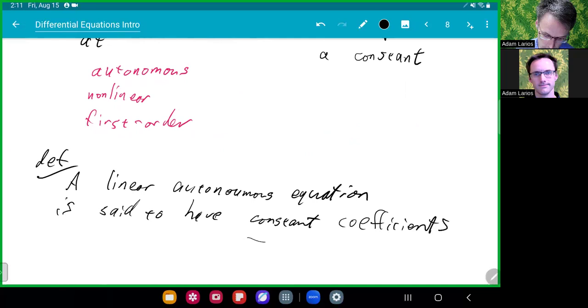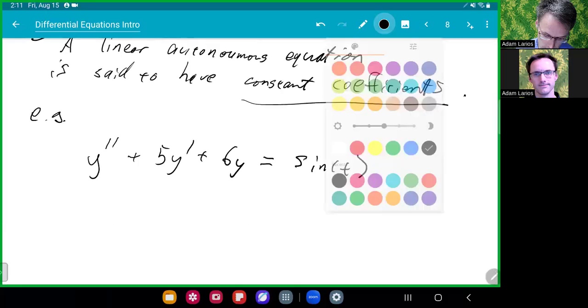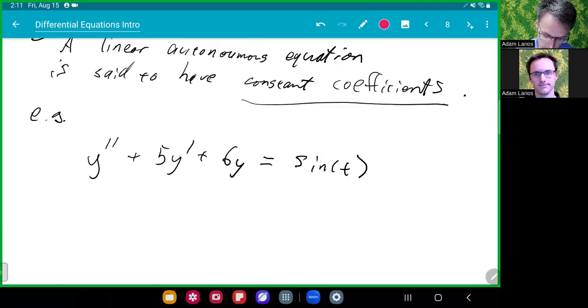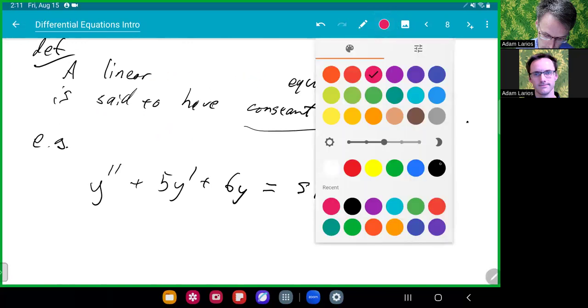So let's see an example there. If we had something like y double prime plus 5y prime plus 6y. Before we were looking at this and setting it equal to 0. Now let's put it equal to sine of t. Actually I should be a little bit careful here. Technically, this would be called autonomous. Excuse me. This is not autonomous.